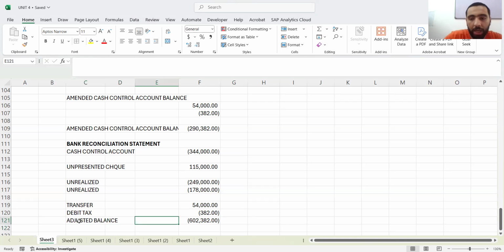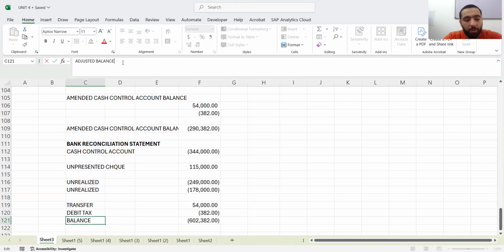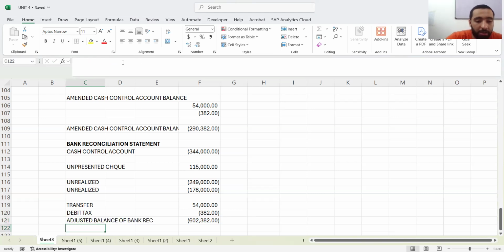Has everyone understood what I have done? Adjusted balance of bank reconciliation. I don't have enough space, that's why I'm saying. Is everyone okay with this?